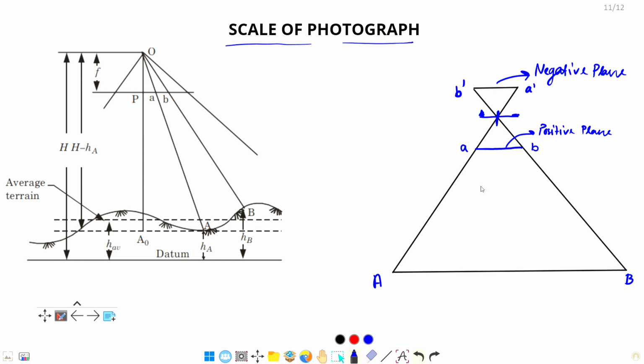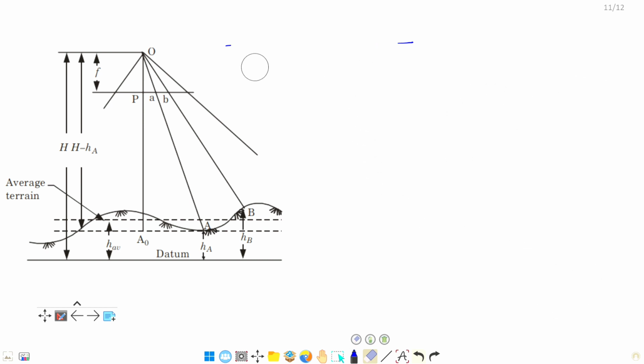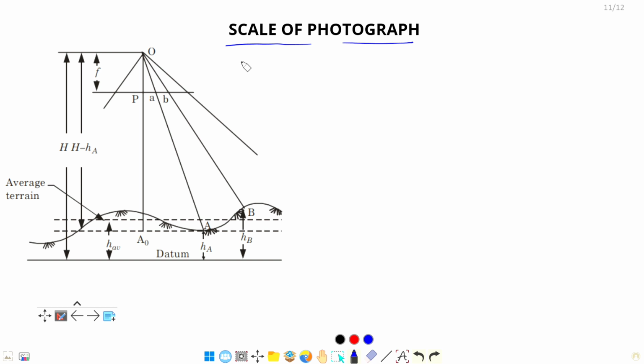Now we will calculate the scale of photograph. So let's start with the calculation.